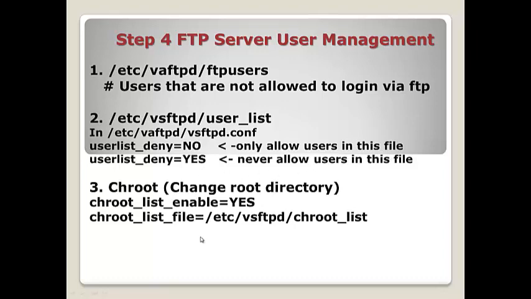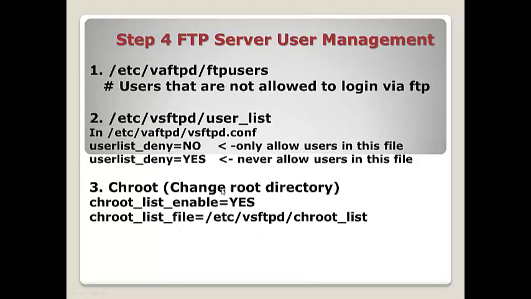Okay, number 3, chroot. Chroot means change root directory. Later I will show you the meaning of chroot. To supply the chroot list service, you need two lines: chroot_list_enable=YES and chroot_list_file=/etc/vsftpd/chroot_list.